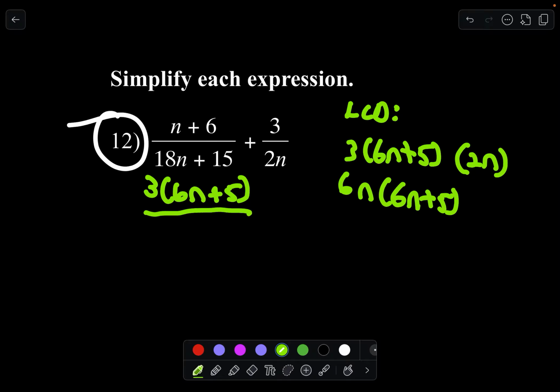So what's missing here? You take this 2n times 3 times 6n plus 5 and divide it by 3 times 6n plus 5, which leaves you with 2n.